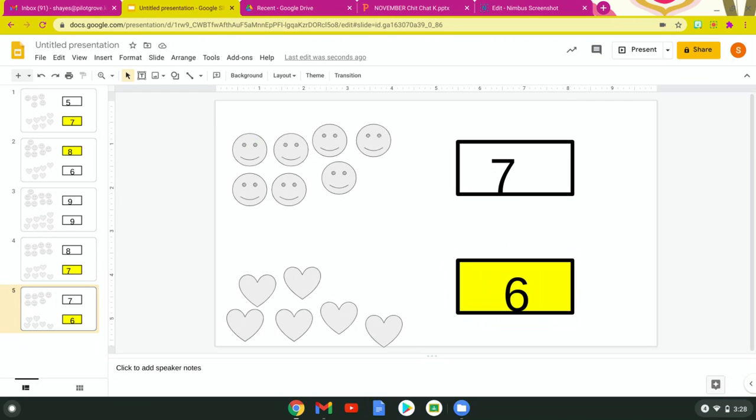So today on your worksheet, you're going to have a grown-up help you because you're going to have to flip around a little bit, because we're going to go to lesson 4.6.